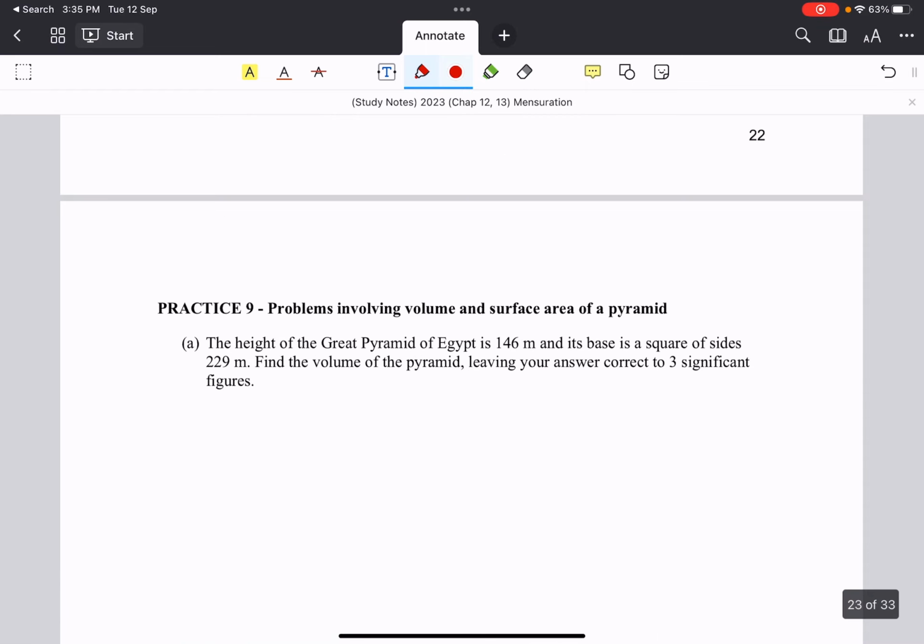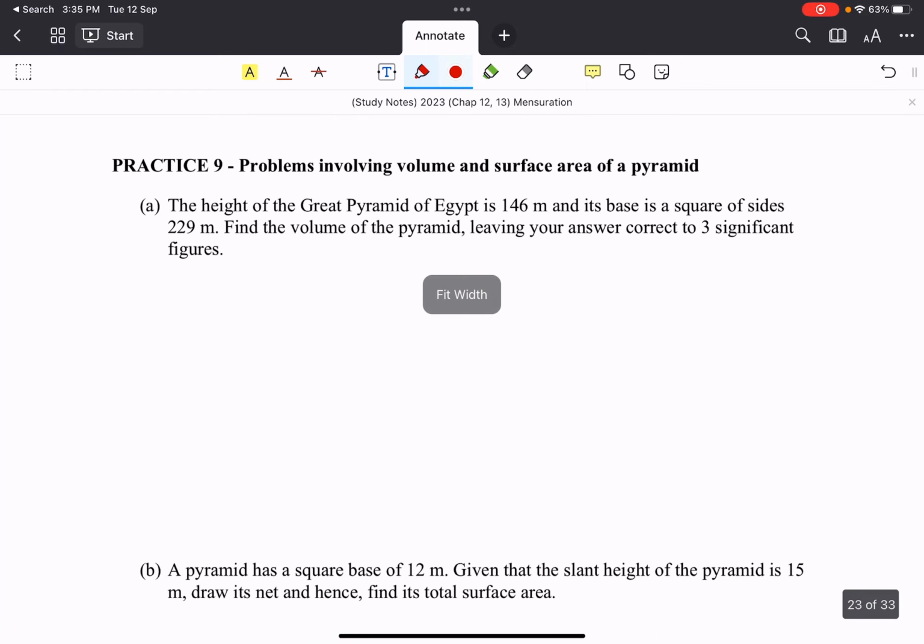Let's move on. Here's a standard question. The Great Pyramid of Egypt, a very famous one, is huge. It has a square base with side length 229 meters, and the height is 146 meters. It's a right pyramid. To find the volume, let's apply the formula.